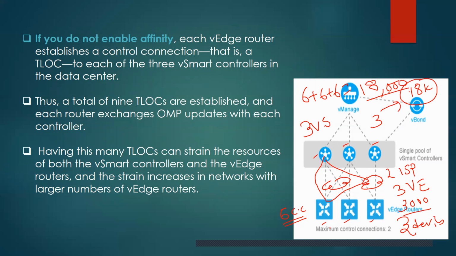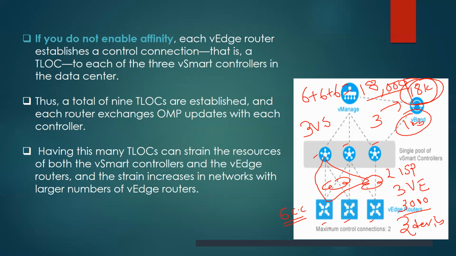So you may think that this is too many control connections. Although it's a control connection, it still has some sort of control packet exchange, right? And suppose these control packet exchanges use even 1 kilobyte of data, practically these control connections are also over any type of ISP, any type of broadband or MPLS, correct? So that means you don't need to manage or handle this many control connections.